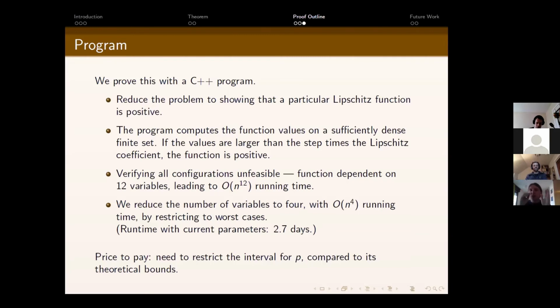You can't actually reach the theoretical bound for P, which is what you want, because if you actually went to the theoretical bound, the function would come arbitrarily close to 0, so you couldn't prove numerically with the program that it is above a certain positive lower bound. So you sacrifice how good your end result is.